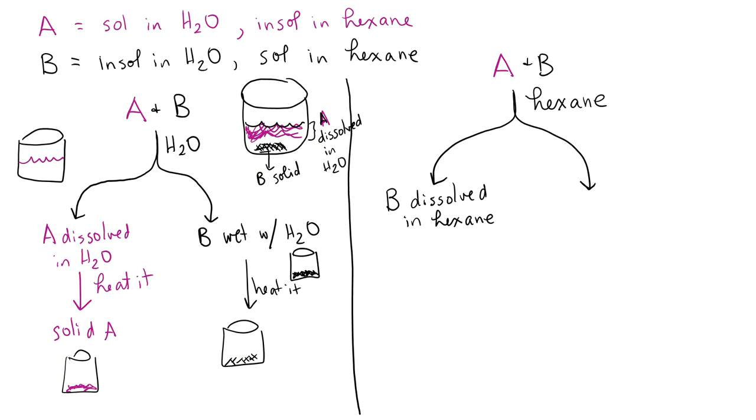You get solid A as a solid. You can decant the dissolved B away from solid A. And then again, in order to drive the solvent off, you just heat it to boiling. You get solid B separated from solid A.